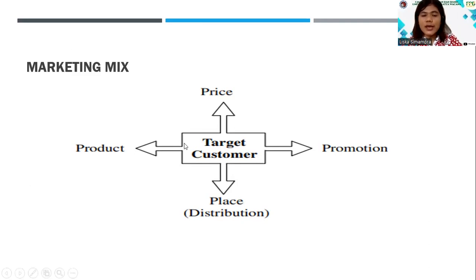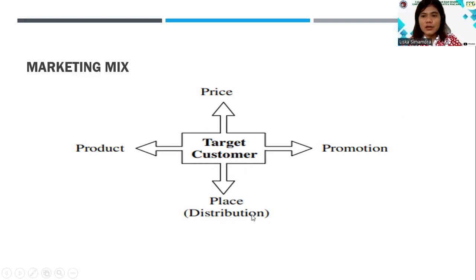So you create a product based on their needs, and you impose the price based on their ability and the quality of your product. And you do promotion based on the media that is familiar to your customer.